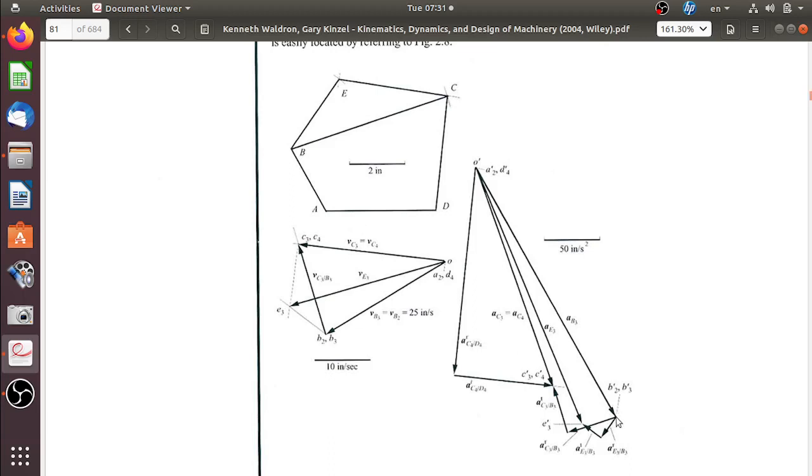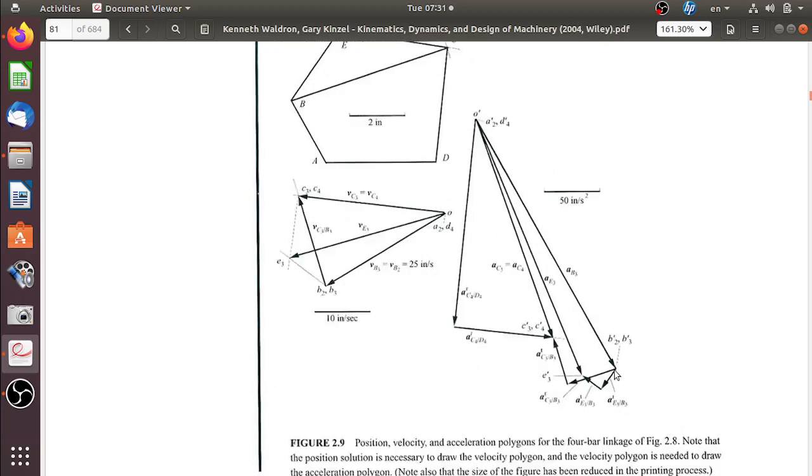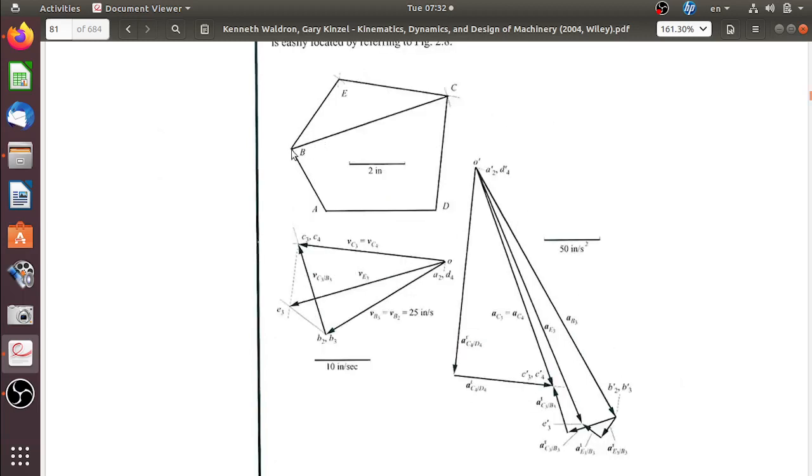I have marked this point as B dash 2 comma B dash 3. This dash is to represent acceleration, not velocity, just to distinguish this notation from the velocity notation. And this 2 and 3 represent that point B belongs to both link 2 and link 3. So now I know the acceleration of this point.